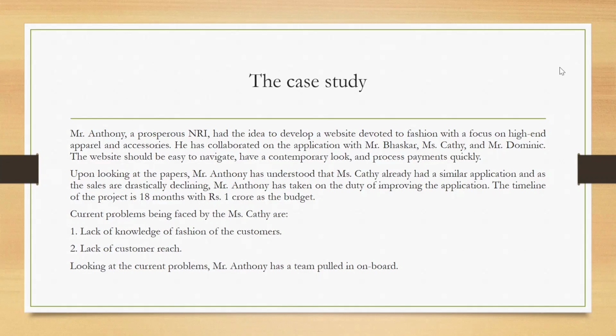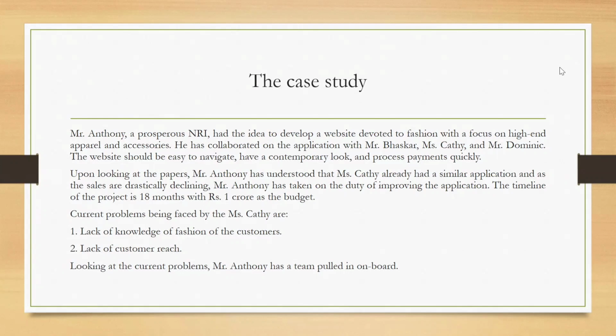He fixed a timeline of 18 months, and the budget is 1 crore. The current problems faced by Miss Kathy's application are lack of fashion knowledge of the customers and lack of customer reach.